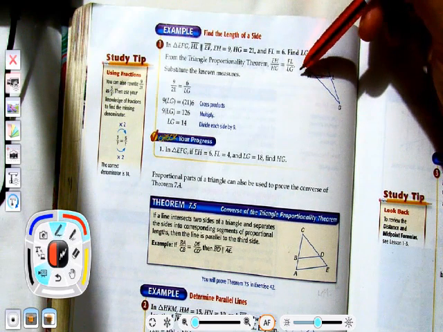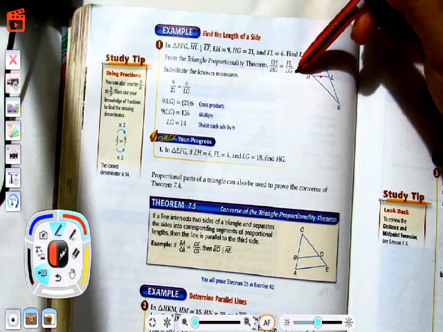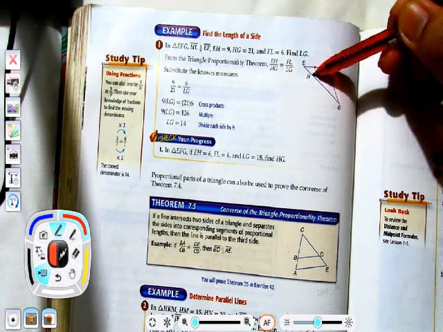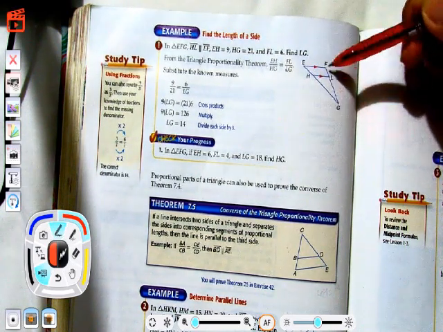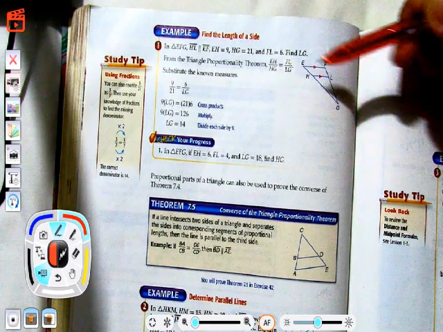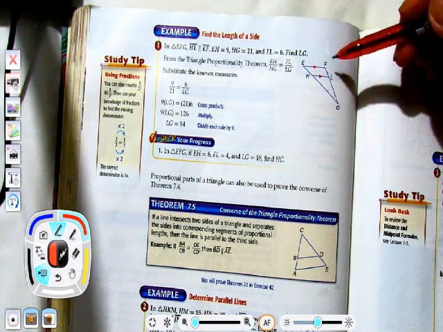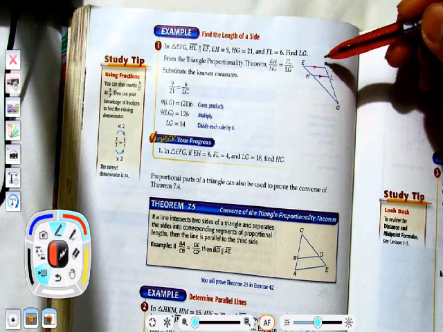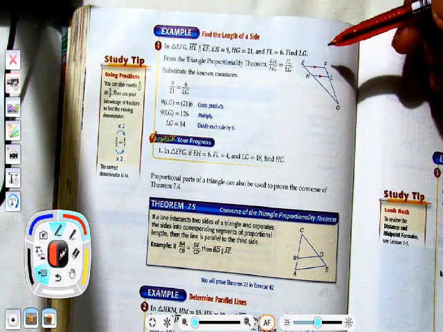So these are the segments here. EH over this equals this over this. You see, we're not crossing from one side to the other side. We simply get a fraction from one side equal to a fraction on the other side. Then replace with what's given. EH is 9.